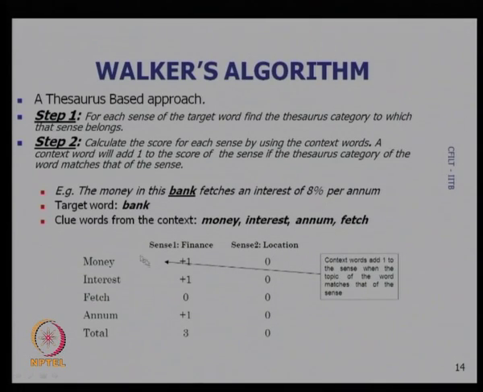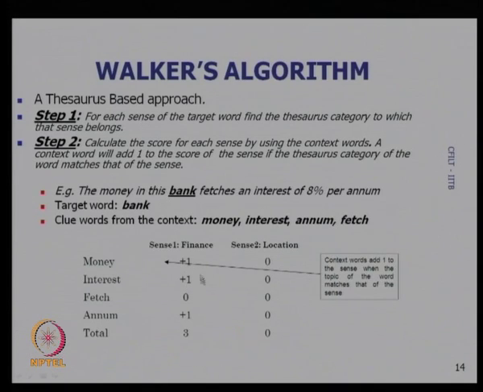So, here is how the algorithm goes. We open as many counters as there are senses of the target word. Now, let us assume here that the noun bank has only two senses, that of the finance sense and the location sense.